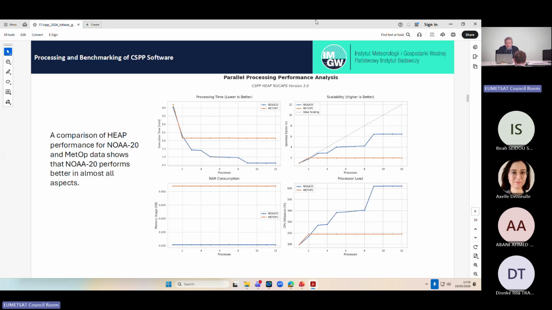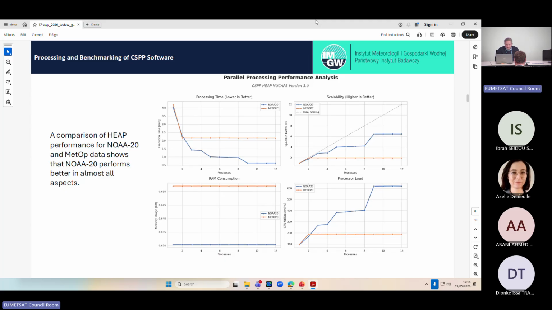Okay, for the HIP program, we use data from 2 satellites. One is NOAA-20 and the second is METOP-C, and we can see that METOP-C has a plateau around 2 processors, and then the execution time does not change.